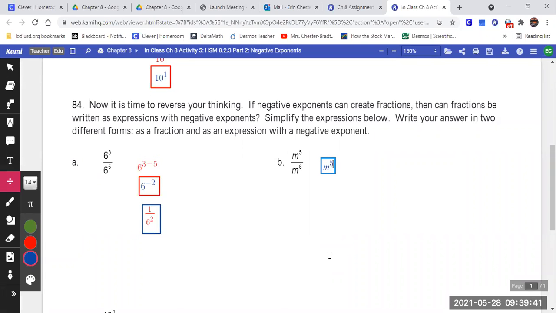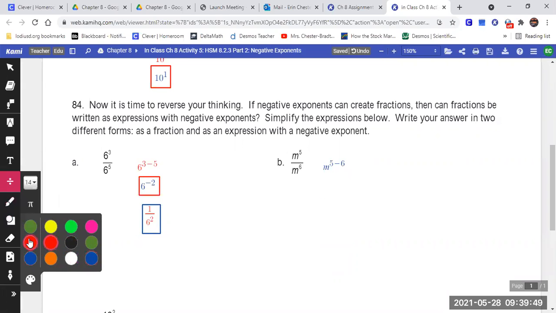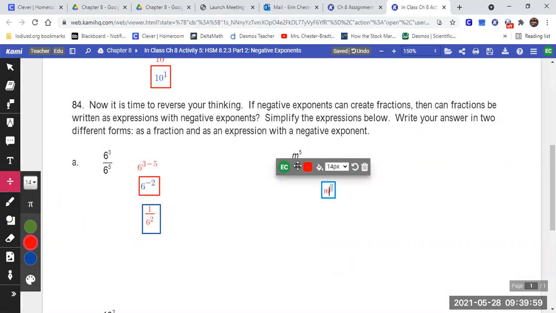m to the 5 minus 6. Because it's division, we subtract the exponents. Then we simplify. What does this simplify to? Solve out the exponent. What would it be? -1. Okay, so we got our negative exponent version done.